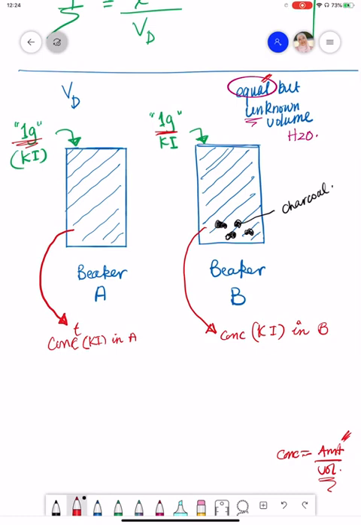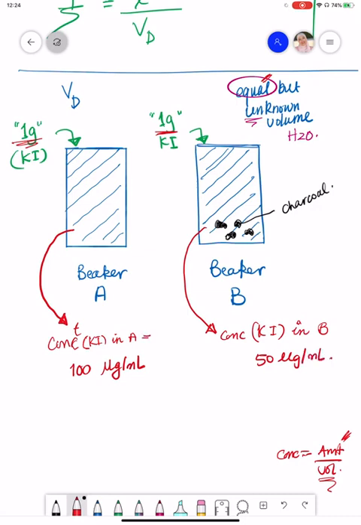But when we measure the concentration, we have here, let's say as an example, 100 microgram per milliliter, and in here, 50 microgram per milliliter.